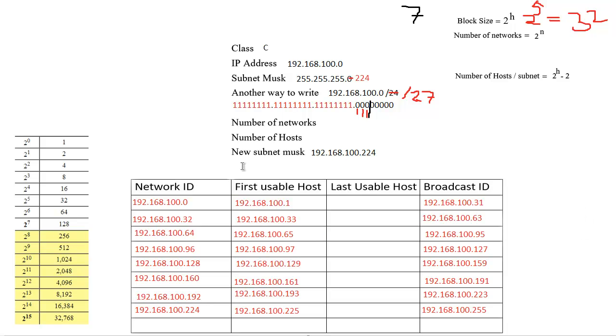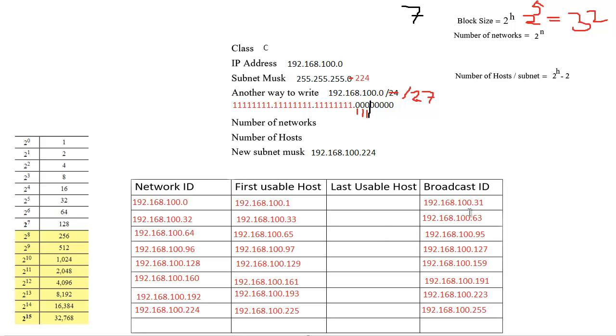And now what is the last usable host for this network? The last usable host will be just before the broadcast. So the broadcast ID for this network is 31, so this will be 30.